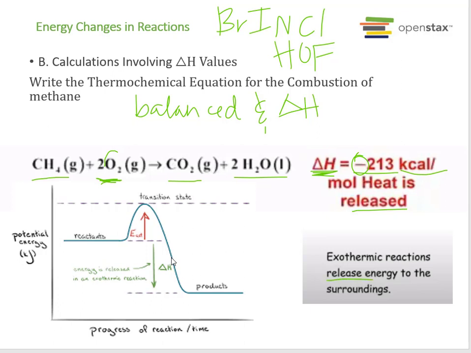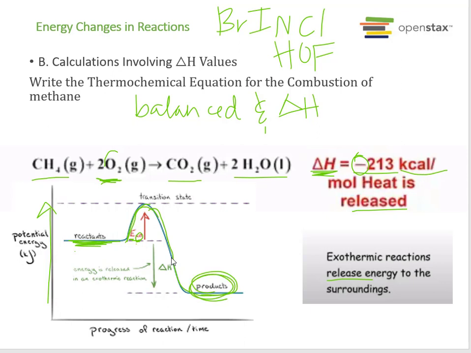It's giving off heat. And that also tells us that my reactants started at a higher energy. As the reaction takes place, this is called our activation energy, E activation, E for energy. And then my products end down here.